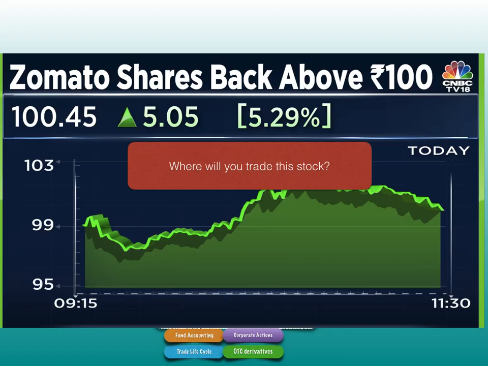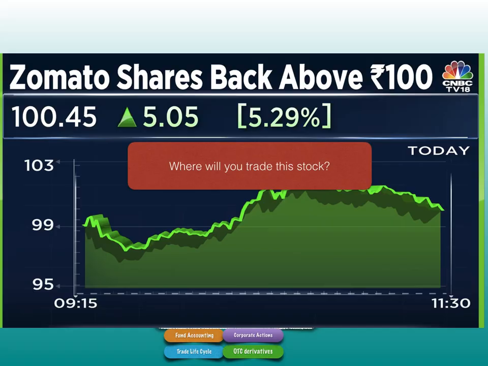Okay, second question. This is the share price of a stock called Zomato, and the headline from CNBC Money Control says that Zomato shares are back above 100 rupees. All right, and the price range between 9:15 and 11:30 went from 99 down to 97, way up again.